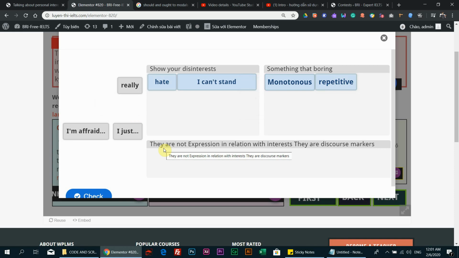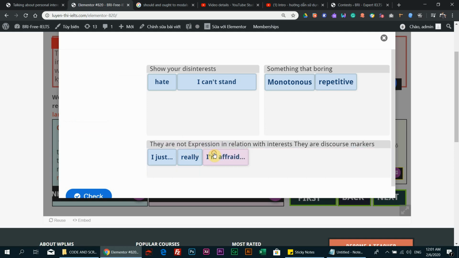They are not expressions in relation with interest. They are discourse markers. Either I say discourse markers or fluency markers, in this specific lesson they share the same meaning. Okay. So this one, and really also this one, I'm afraid also this one.